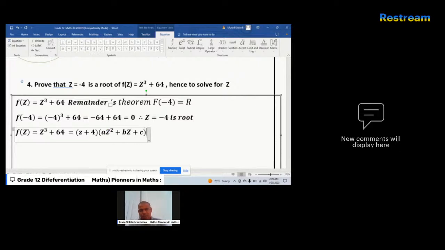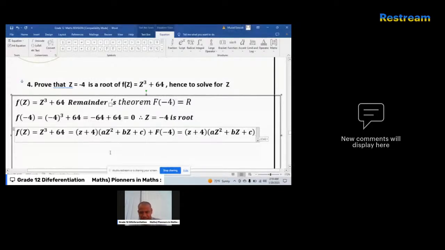Learners, this means that you can use long division, plus f of -4, but f of -4 is 0, so it remains only this one. Therefore, this one is equal to that. Or you can go back to the definition and find a and b.